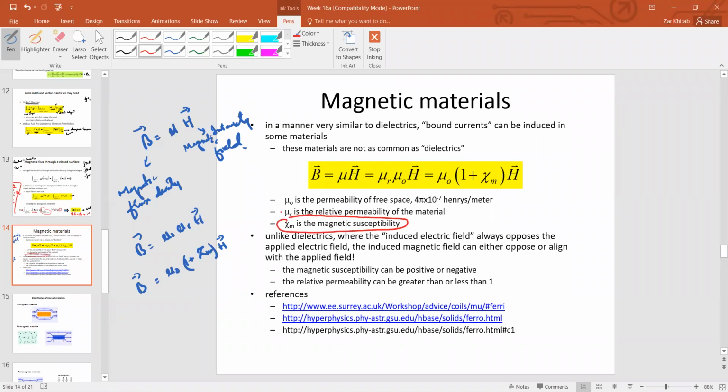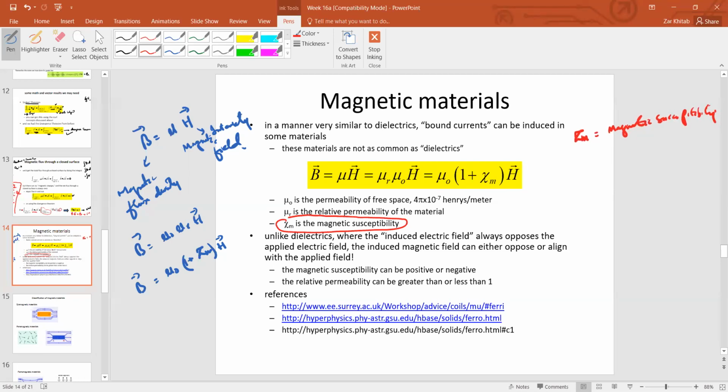By magnetic susceptibility, we mean how much the material will favor the external magnetism. Zeta m is the magnetic susceptibility.